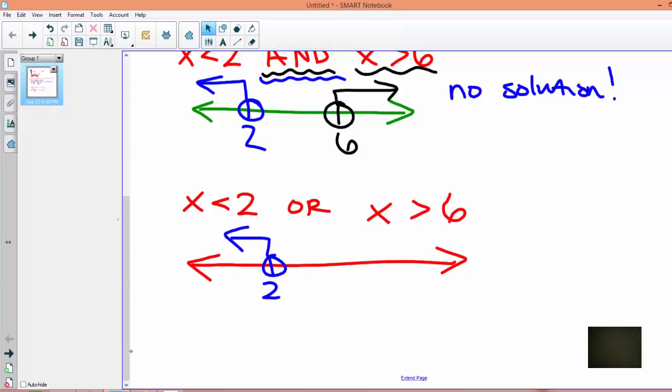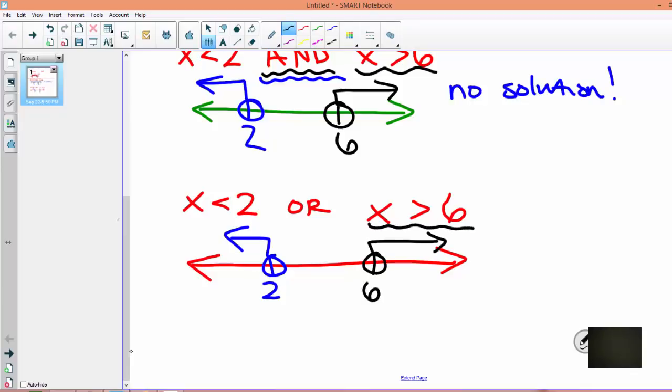And at 6, you have an open circle with an arrow to the right. So that is the solution for "or". "Or" means that it's black or it's blue or it's both. It says any of those are right because it's one or the other or both.